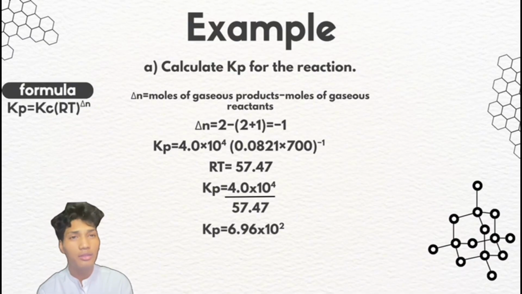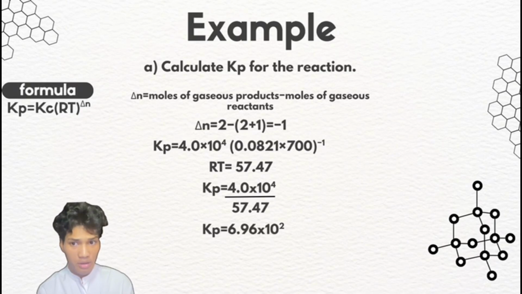So how do we get Δn? Δn is the moles of gaseous products minus the moles of gaseous reactants. So Δn is equal to 2 minus (2 plus 1), which gives us negative 1. Kc is given in the question, which is 4 times 10 to the power of 4.